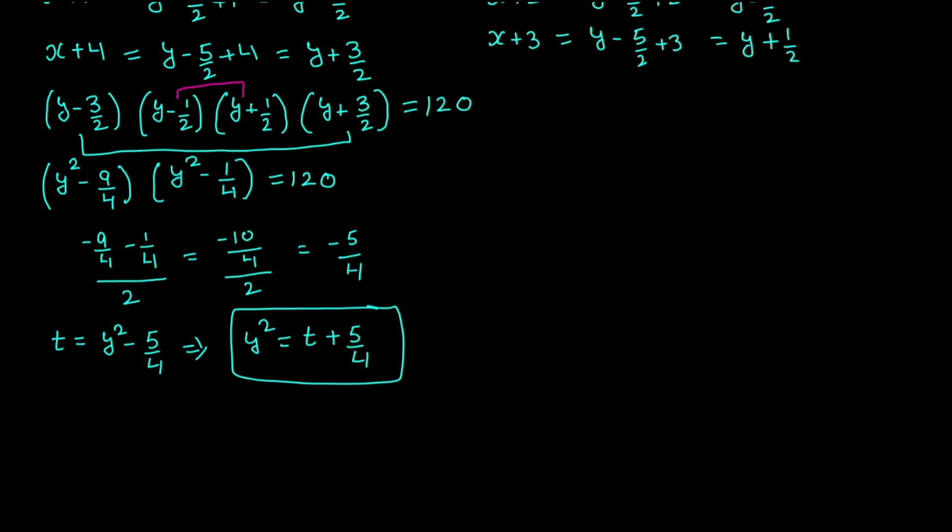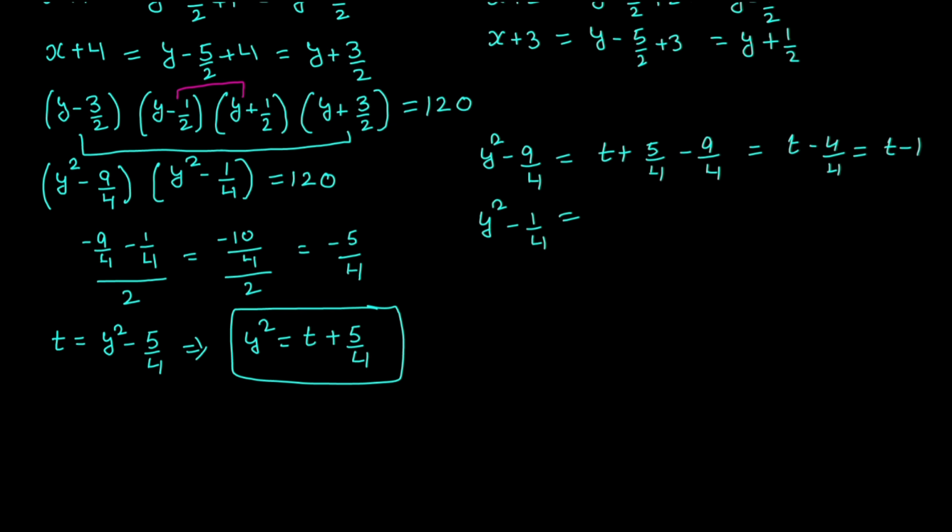Now we need the value of y square minus 9 by 4. So it comes to be t plus 5 by 4 minus 9 by 4, which is minus 4 by 4, equal to t minus 1. And we need y square minus 1 by 4.